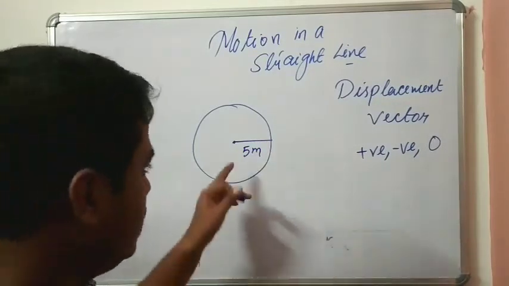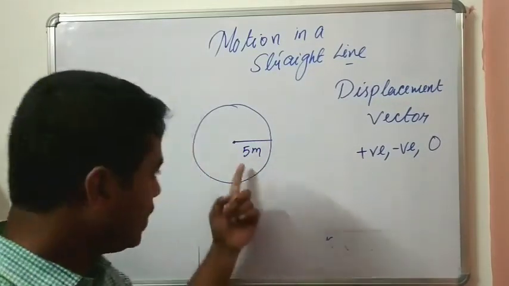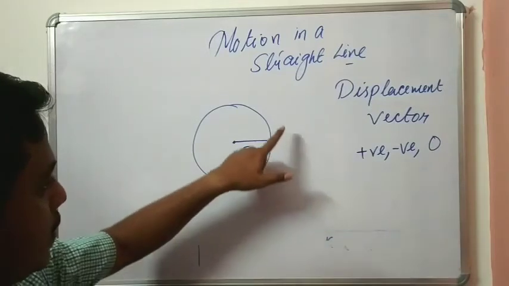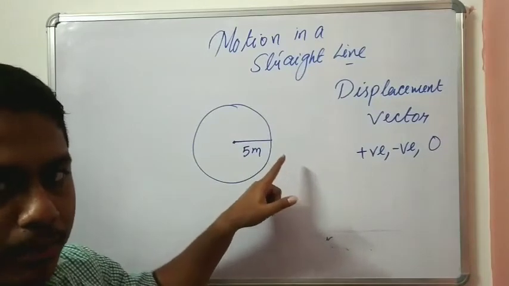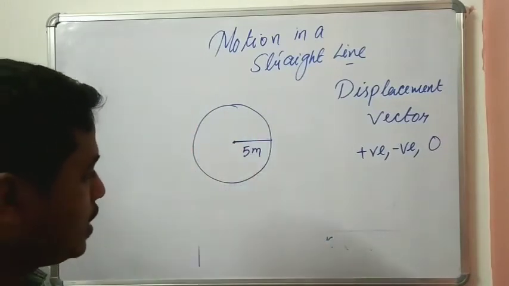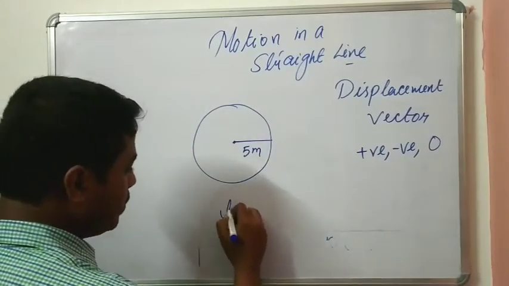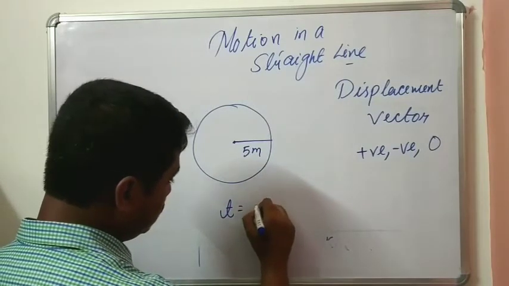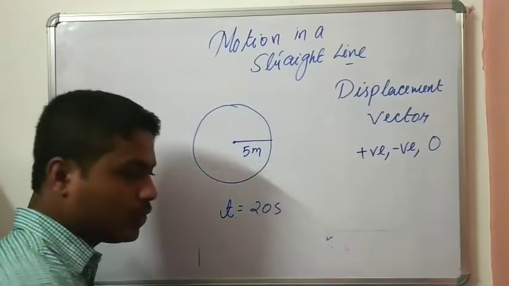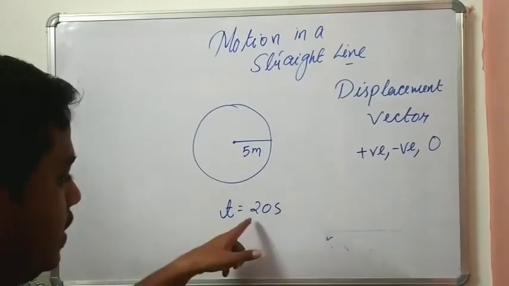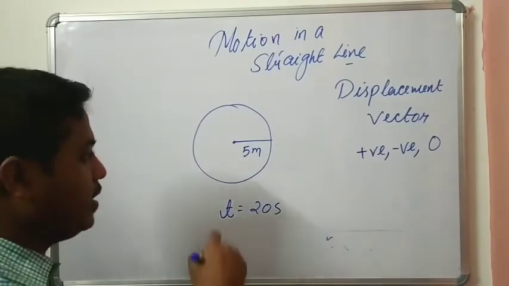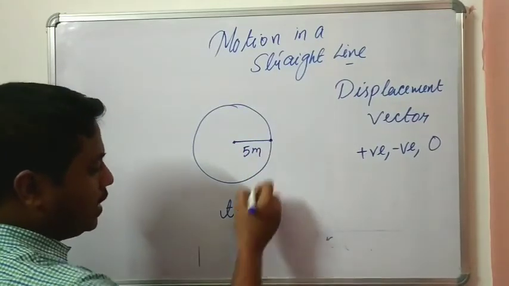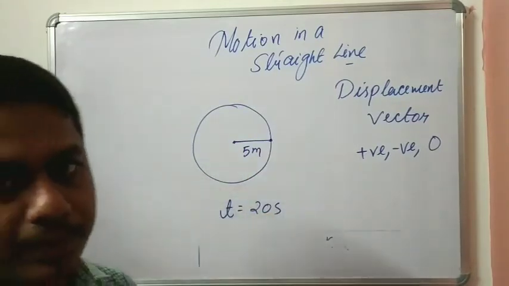To complete the full circle, he takes around 20 seconds. He starts from here, he moves the full circle up till here, he takes 20 seconds.